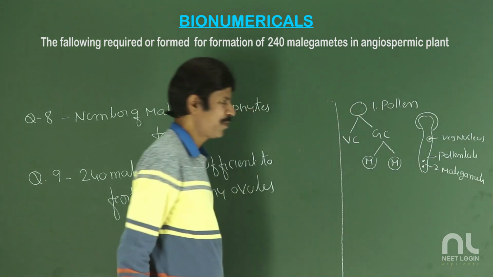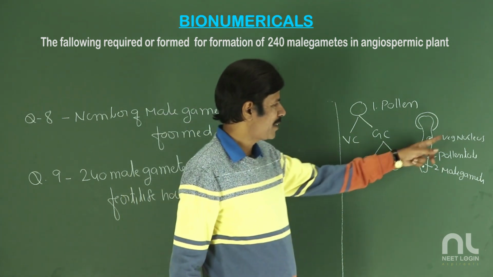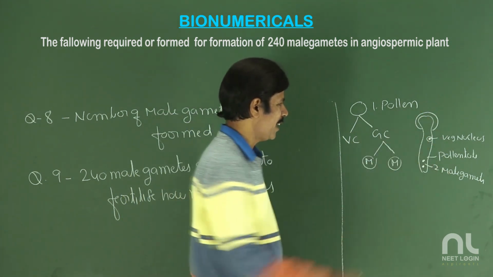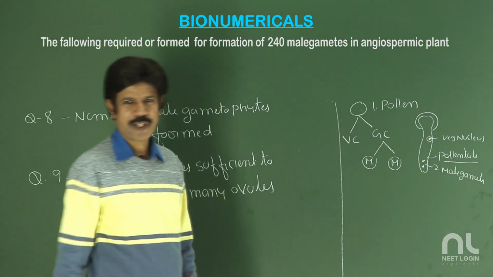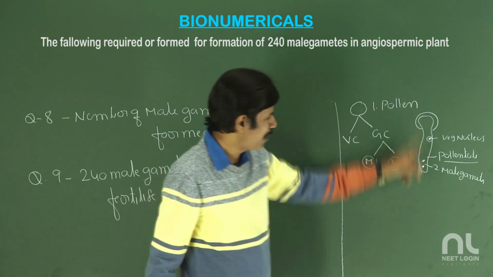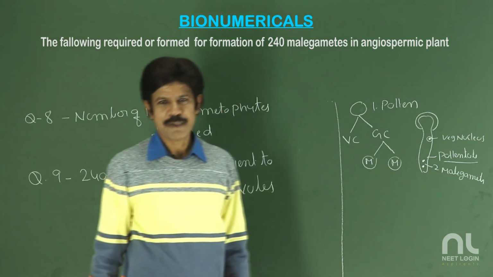So 2 male gametes along with the vegetative nucleus in the pollen tube, what do you call it? It is the male gametophyte. So each male gametophyte has 2 male gametes.